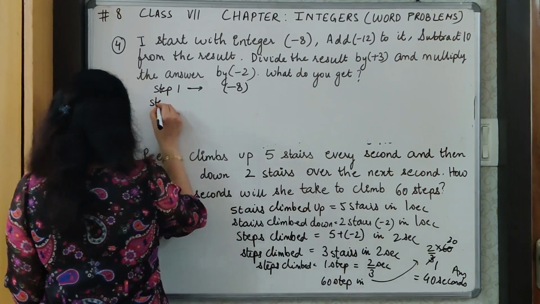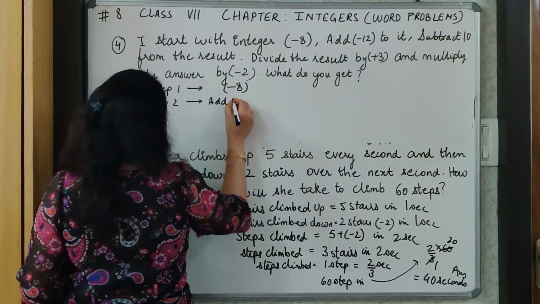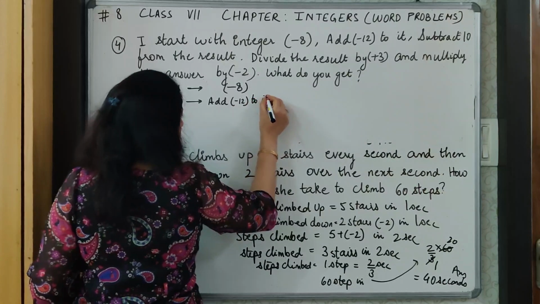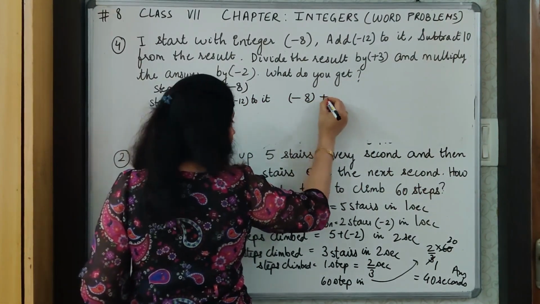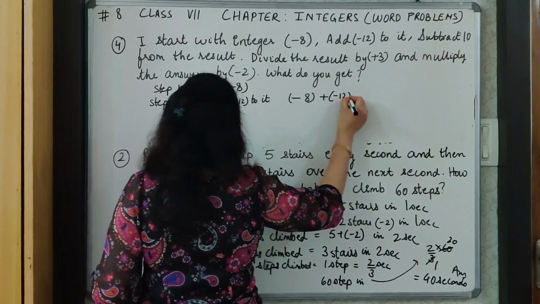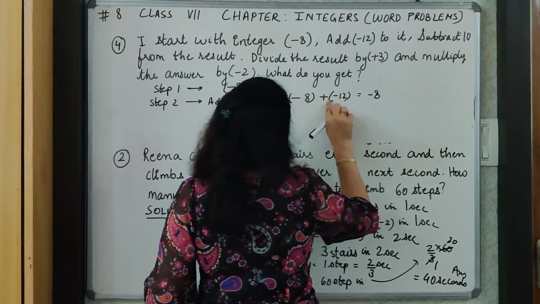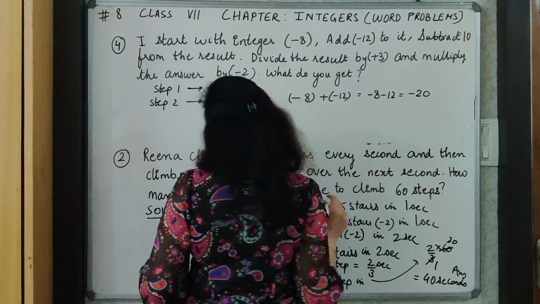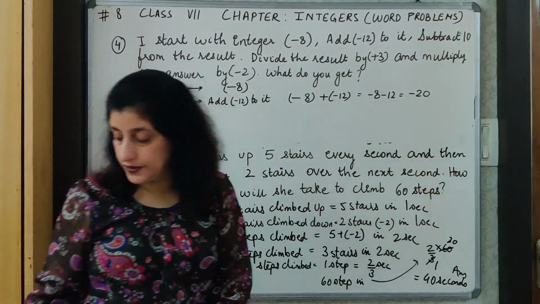So the step 2 of this question is add -12 to it, which will be -8 plus -12, which is equal to -20. So by step 2 I have reached -20.